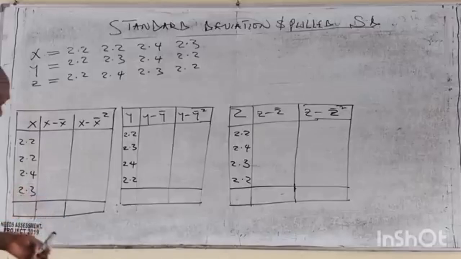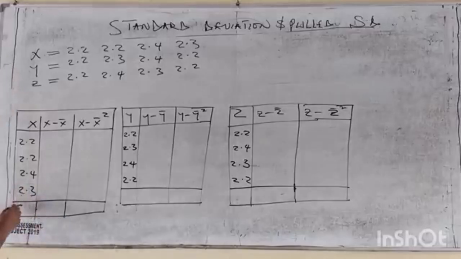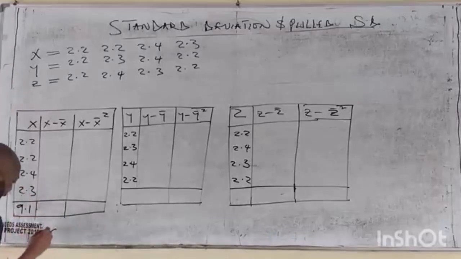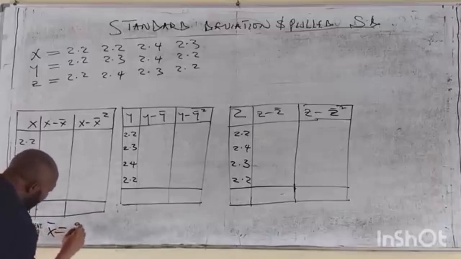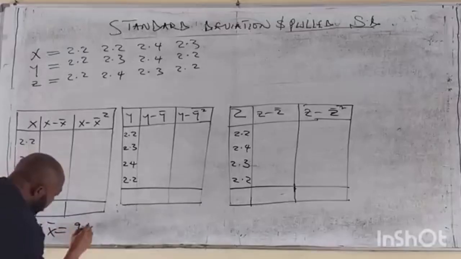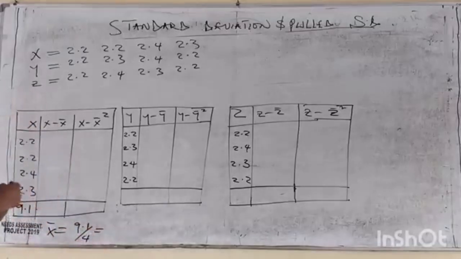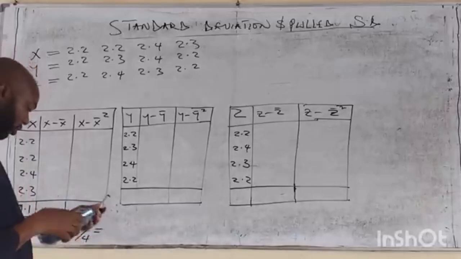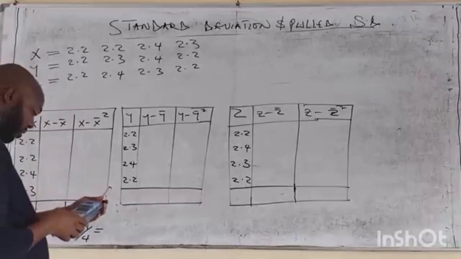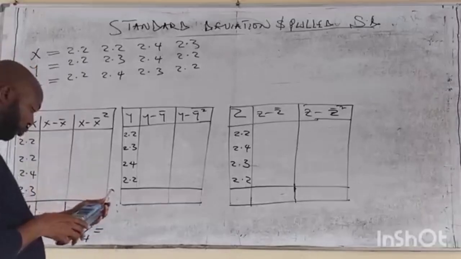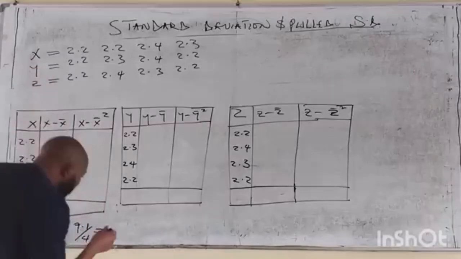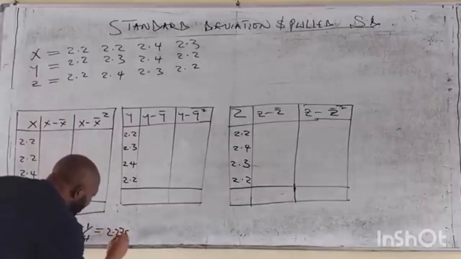This is 9.1. X bar is 9.1 over 4, which is equal to 2.275.